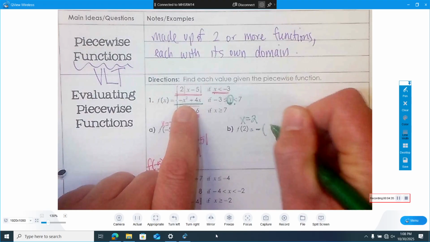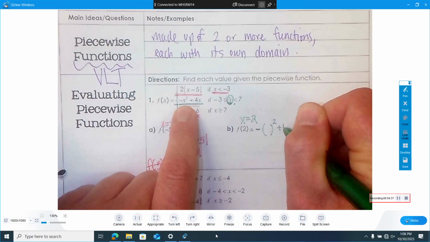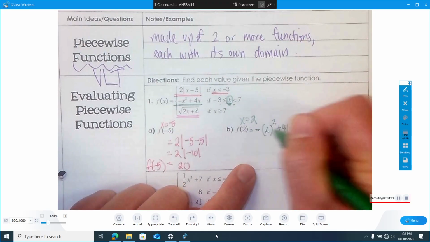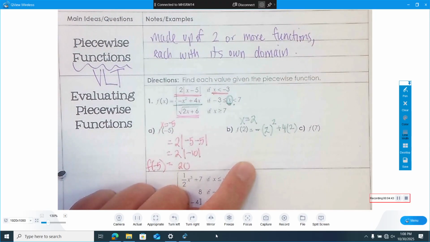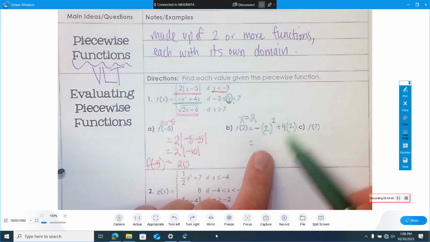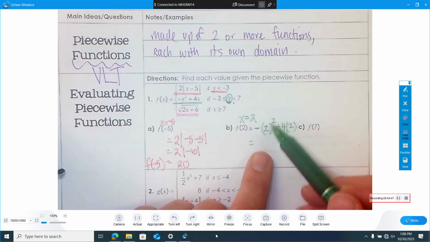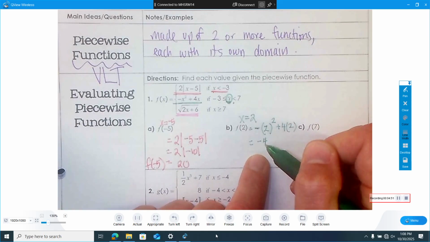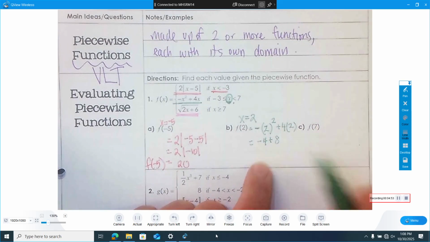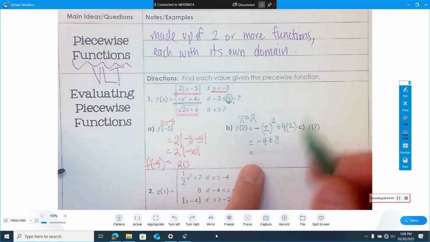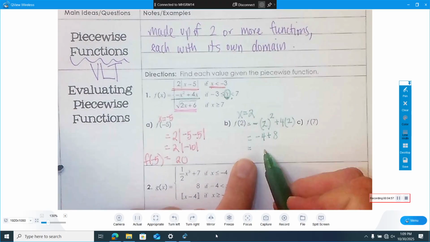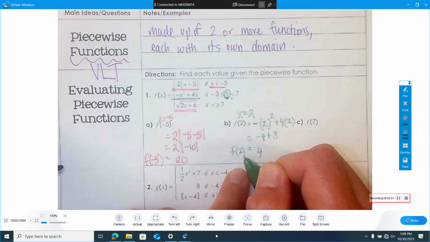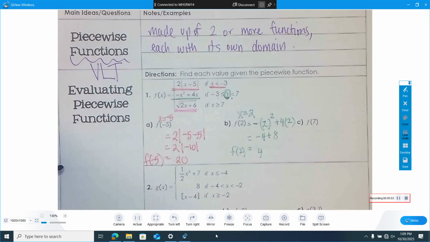In place of x, what are we plugging in? 2. Here we have the exponent. What is 2 squared? 4 with a negative. -4 plus 8, and we get 4, yeah. f of 2 equals 4.